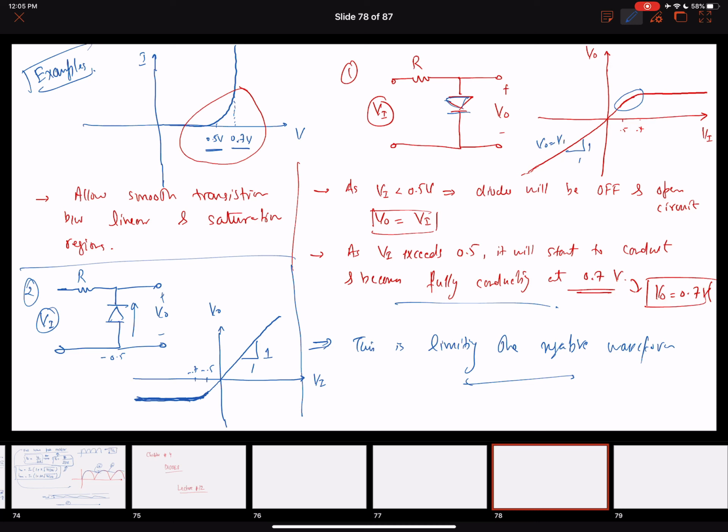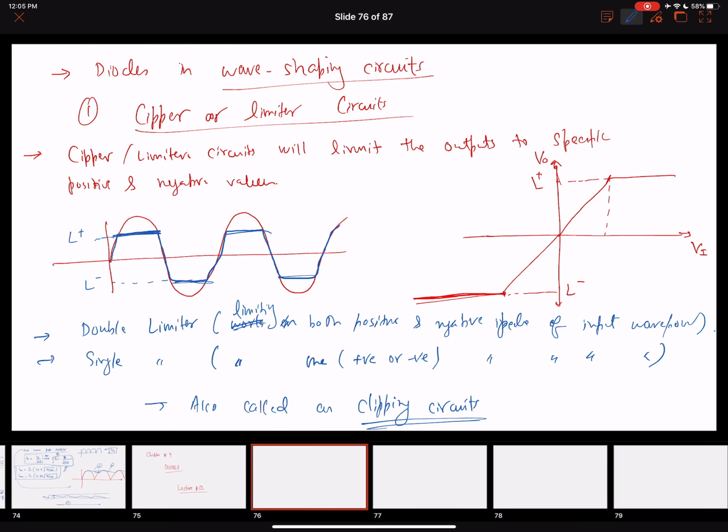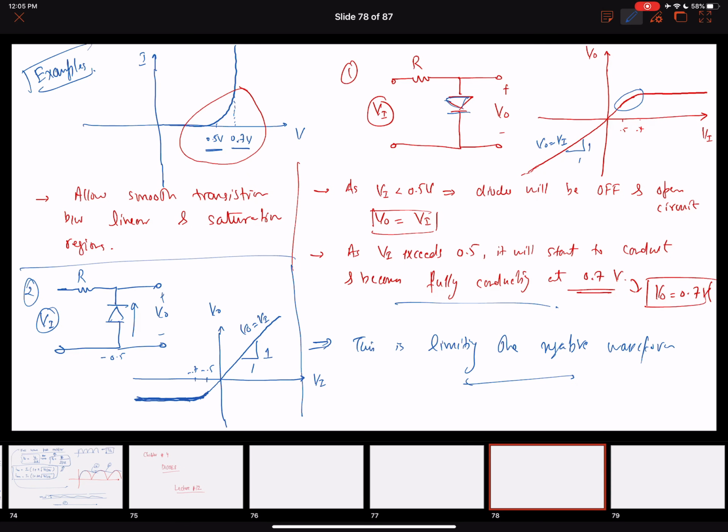Over here V0 equals VI, and similarly over here V0 equals VI. Alright. So these are a couple of examples of limiter circuits. We're going to do some more, and these are what we call a single limiter. Now we are going to do another example of a double limiter.